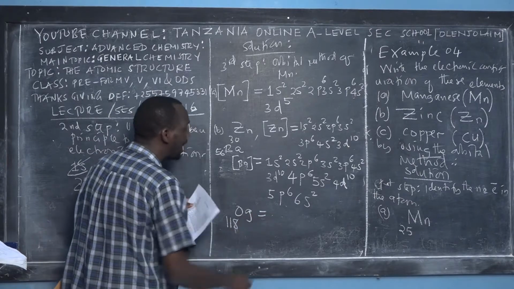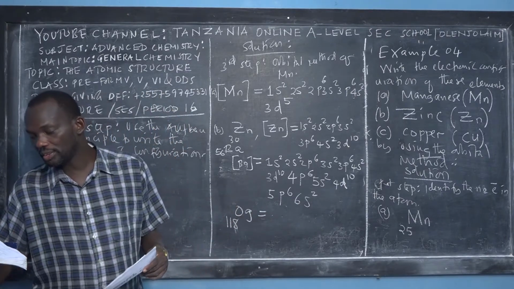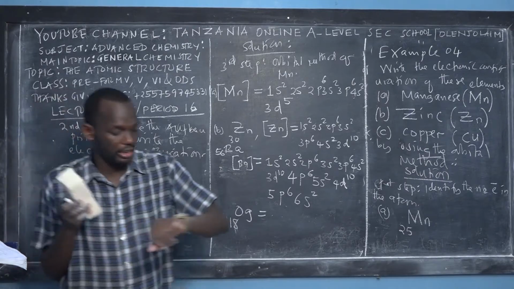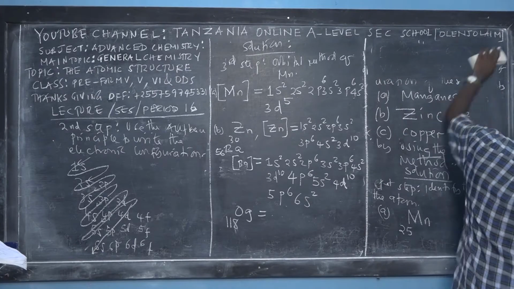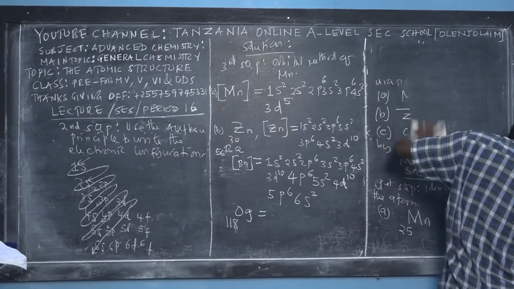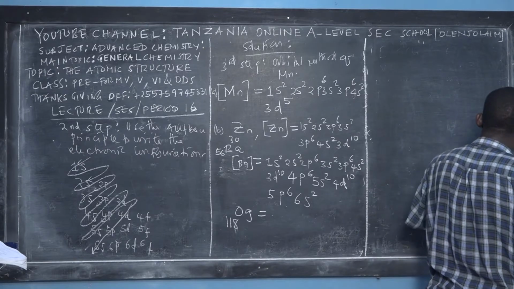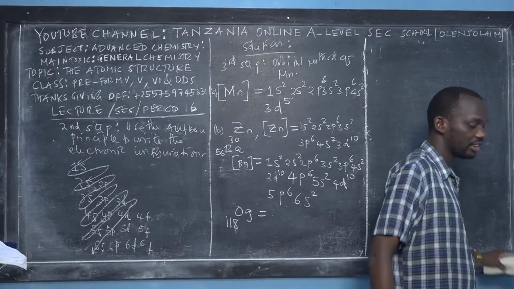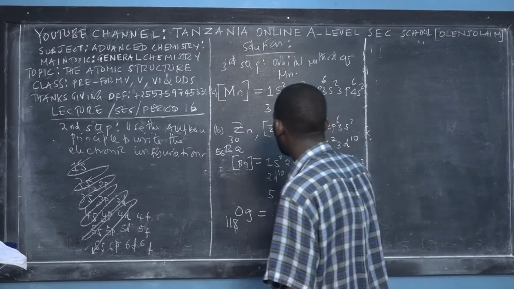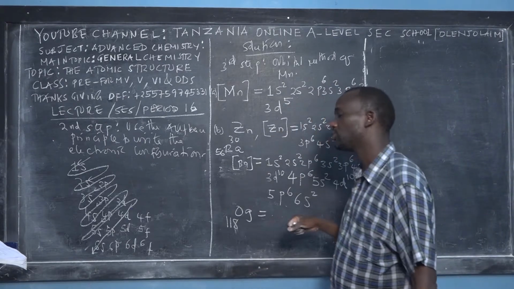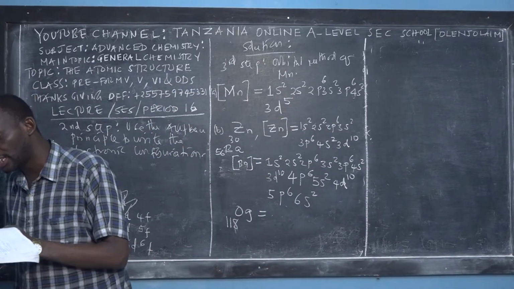You will have a very long electronic configuration. So we chemists are not satisfied with writing the electronic configurations of elements using this approach, because it is too long. So I have exposed the challenge there.